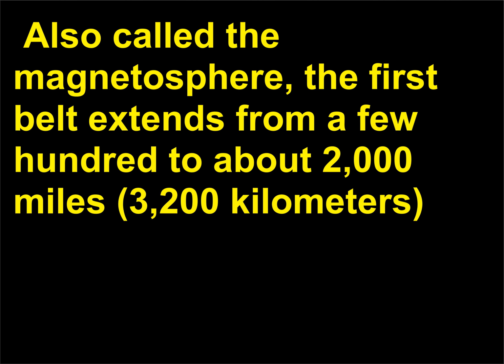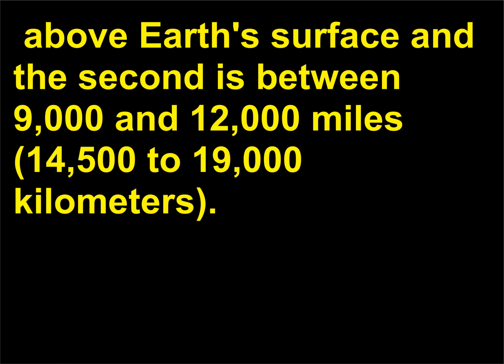Also called the magnetosphere, the first belt extends from a few hundred to about 2,000 miles (3,200 kilometers) above Earth's surface, and the second is between 9,000 and 12,000 miles (14,500 to 19,000 kilometers).